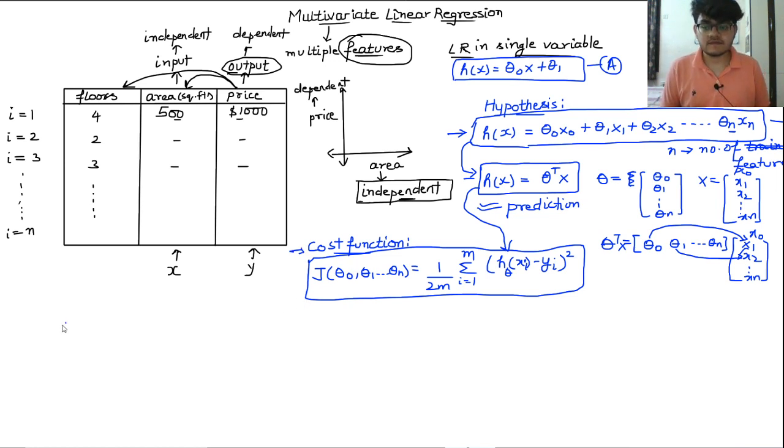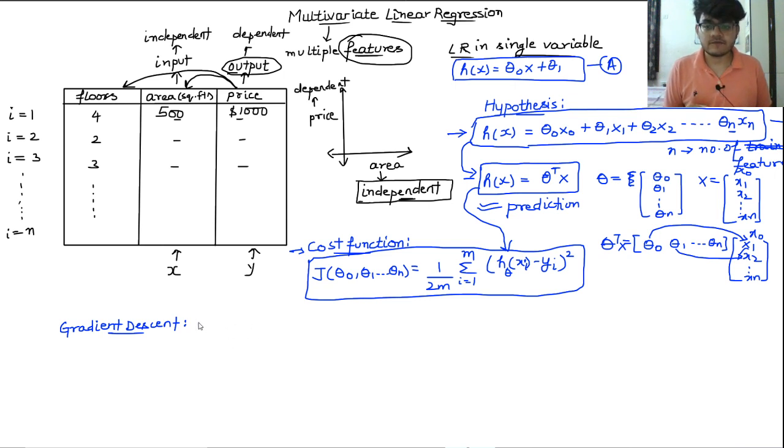Now the last thing is gradient descent. We know that gradient descent is basically used to find the minimum cost. We take some alpha learning steps, and then we try to reach the minimum value by taking the slopes.